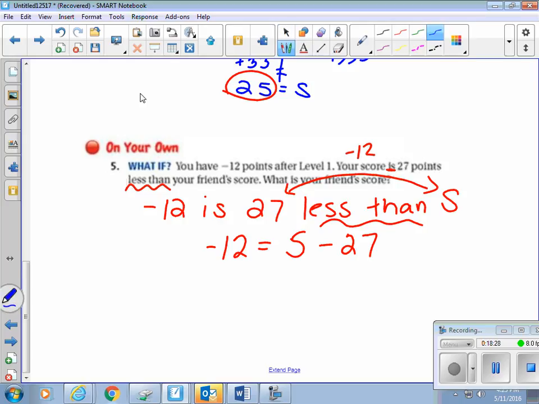Then to get that score, I have to get S alone, so I'm going to add 27, inverse operations, to both sides of my equation. These inverse operations cancel out, leaving me with S, my friend's score, and -12 plus 27. Find the difference because my signs are different, take the sign of the higher absolute value, leaves me with positive 15.